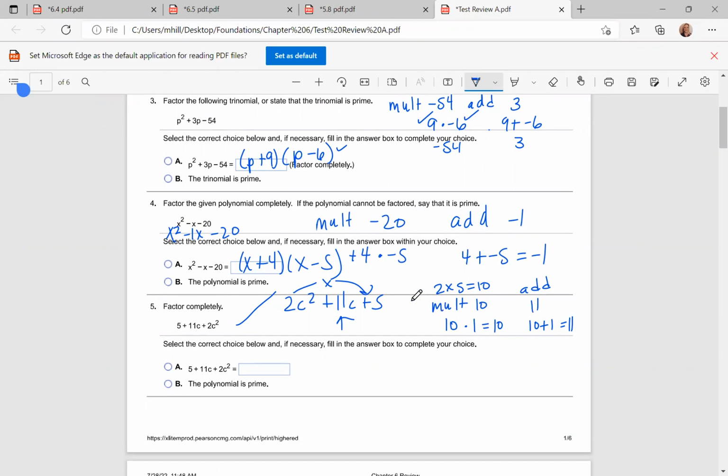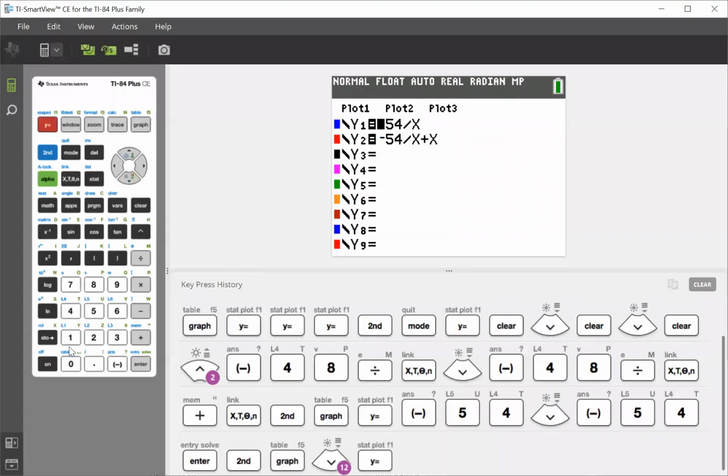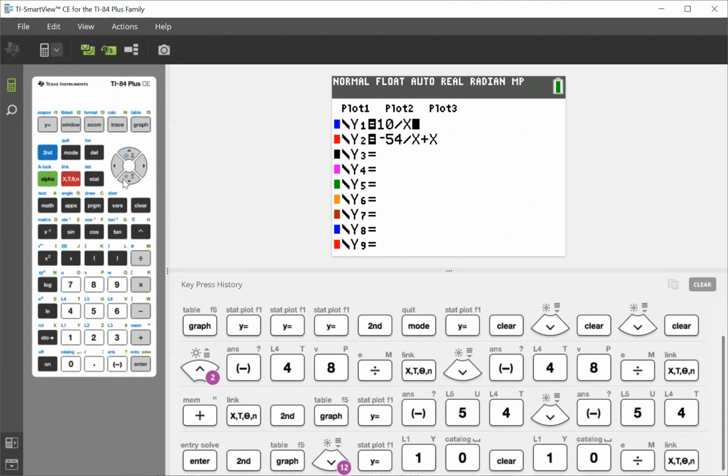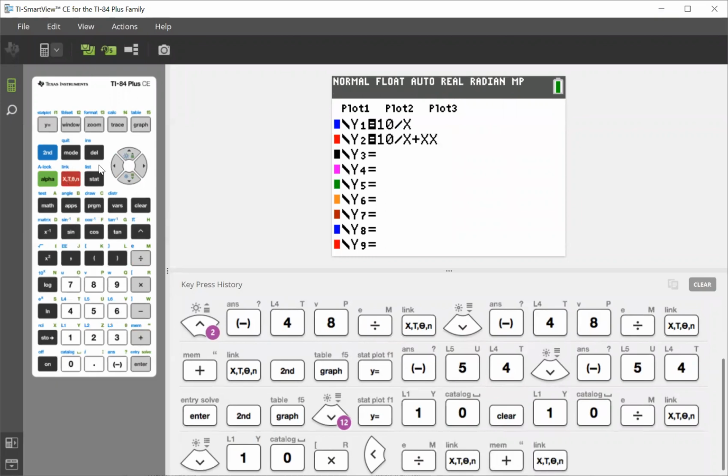So if I go to my calculator, I can't just do it that way, sorry. So if we go to y equals and we type in 10 divided by x, and then 10 divided by, not times, divided by x plus x.